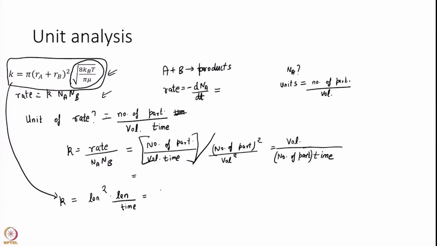So, I have length cubed, which is nothing but volume, by time. The point is that this rate constant should be understood as eventually divided by the number of particles. So, we compare this with this.